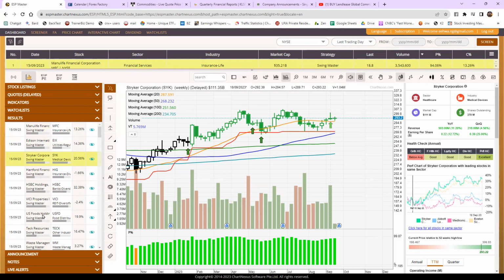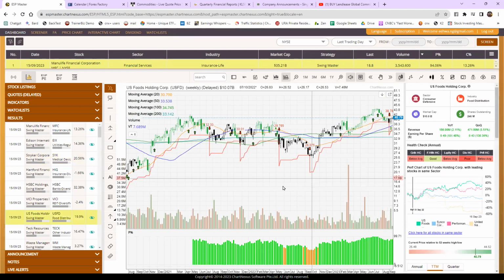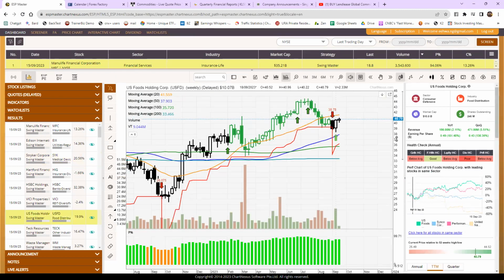The first one that comes on the list that is good is US Foods Holdings. Once you go into US Foods Holdings, you can see this chart. This is the weekly candle chart, and this is the candle that triggered our swing master strategy. See, it comes down. I like this type, being sold down, and yet it's a good company with earnings.